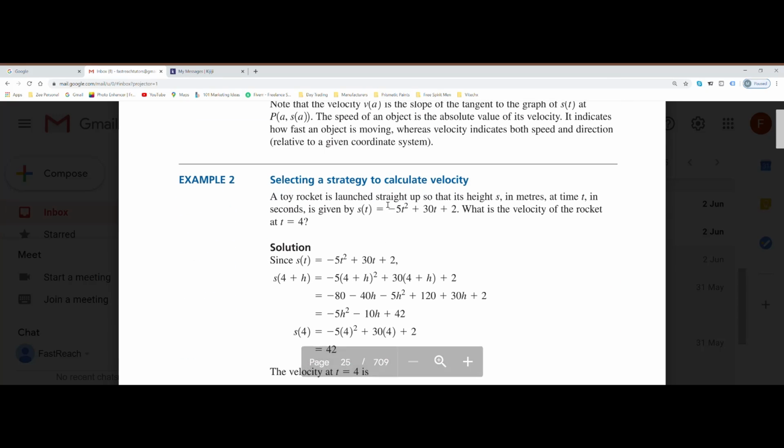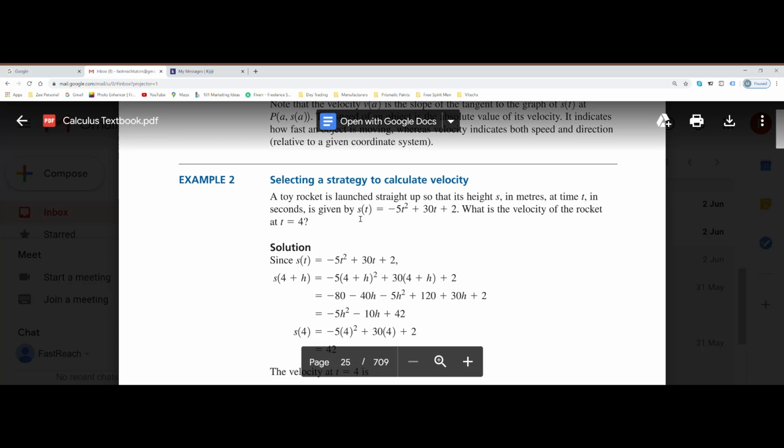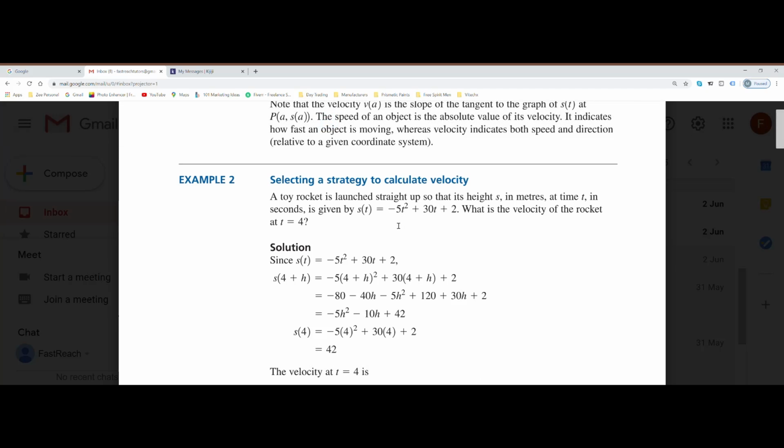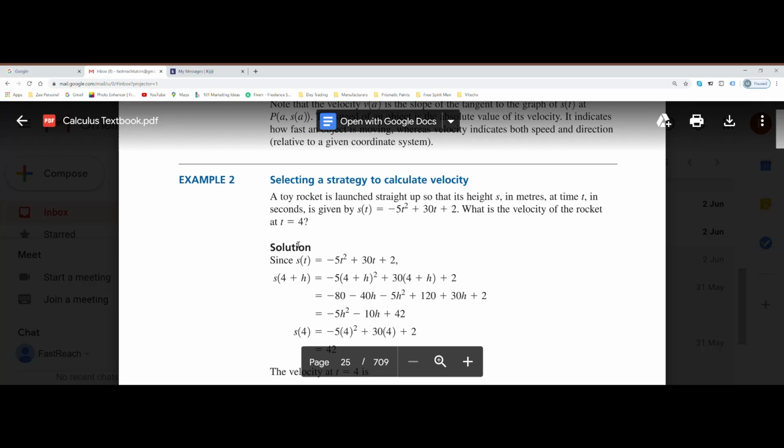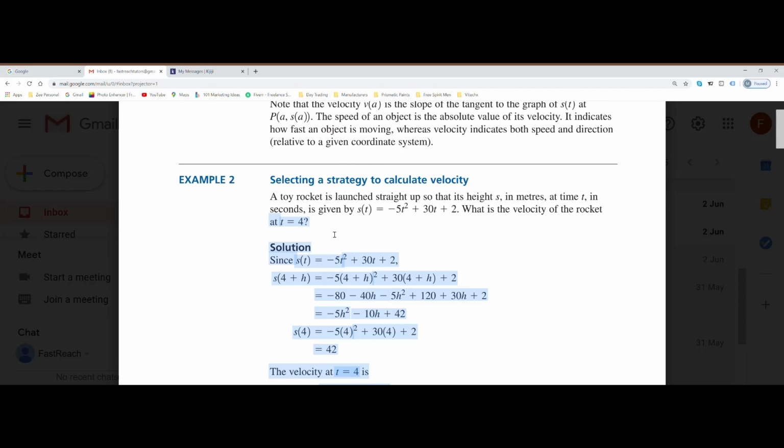Here they give you a toy rocket launched straight up so that its height s in meters at time t in seconds is given by s of t is equal to negative 5t squared plus 30t plus 2. What is the velocity of the rocket at t equals 4? Since they're only giving you one time point, you know that you need to find the instantaneous velocity, which is the limit of this equation.